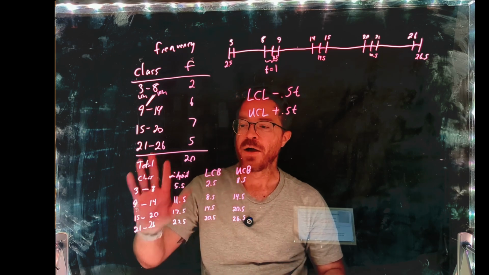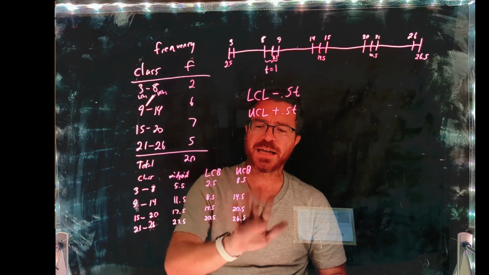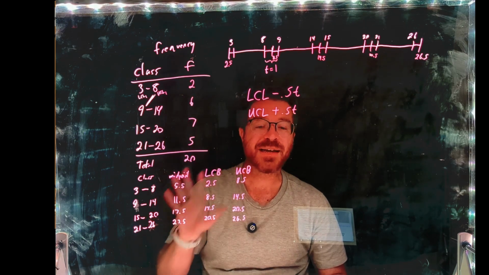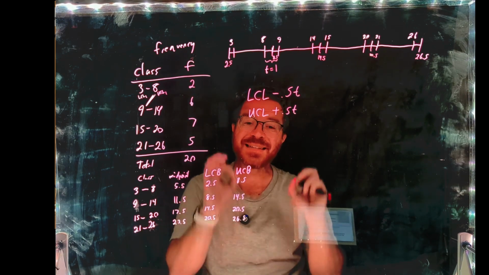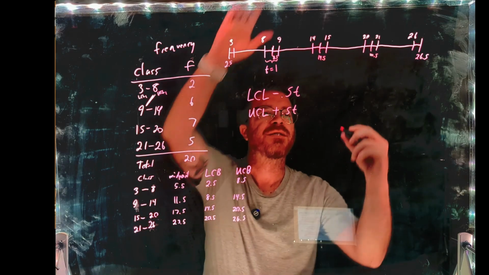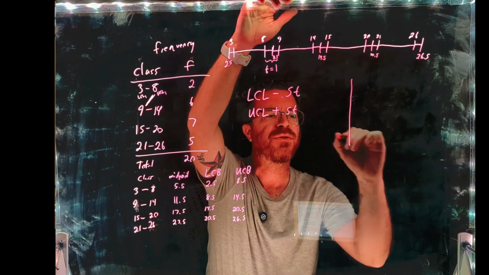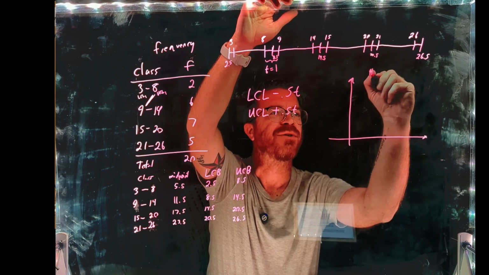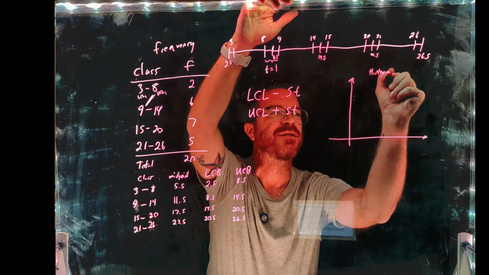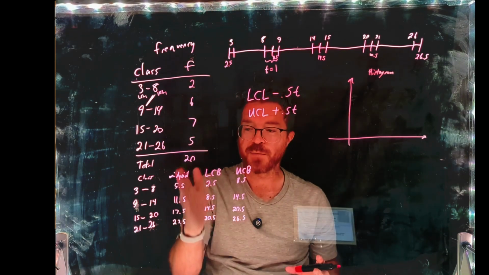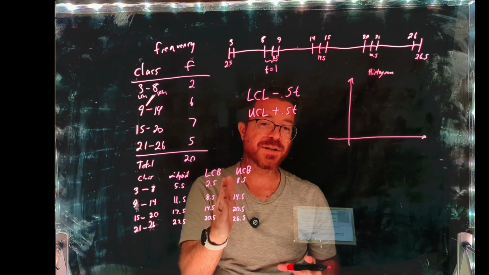So now we have our class, our midpoint, our lower class boundary, and our upper class boundary, and this is not even counting our frequency. In fact, this is what you would need to set up your histogram. If we were to set our initial x-axis for our histogram, it is going to be based on either our midpoint or our class boundaries.